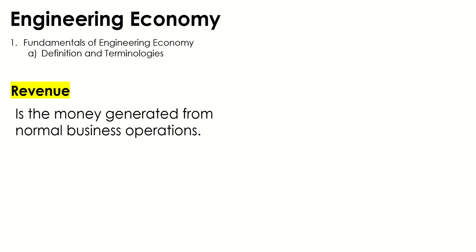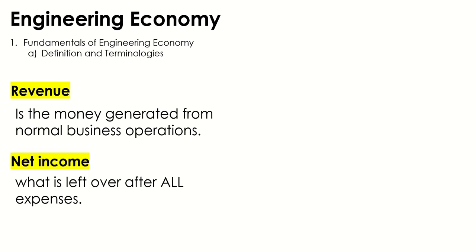So next one is the revenue. The revenue is the money generated from normal business operations, and net income is what is left over after all expenses. So I hope this is clear. When we say revenue, it is the income.